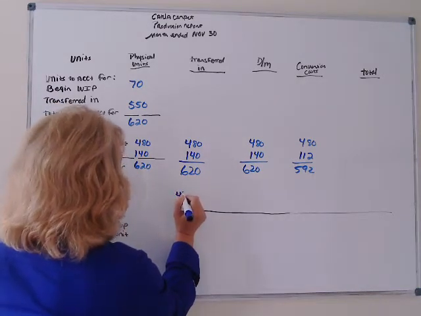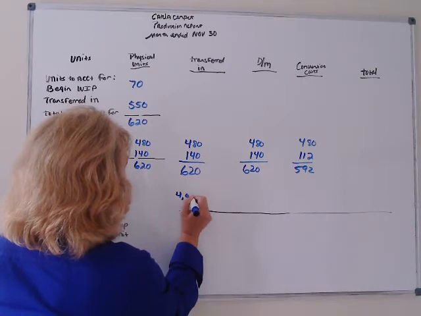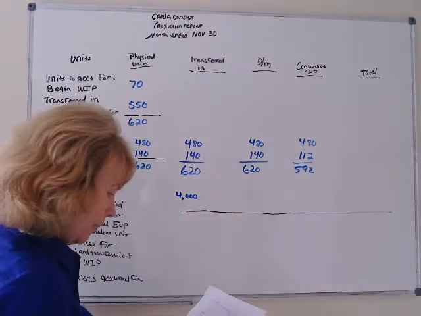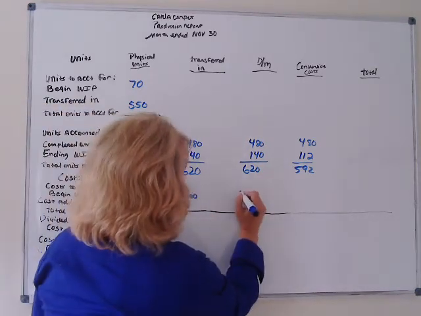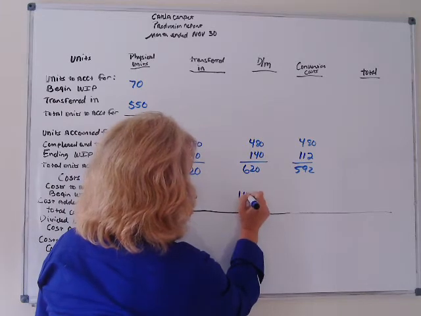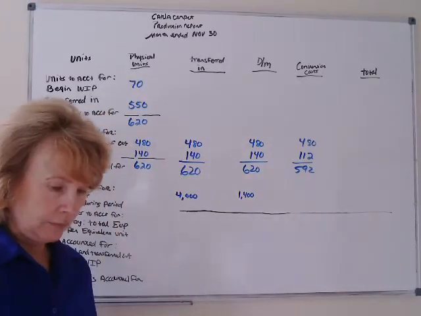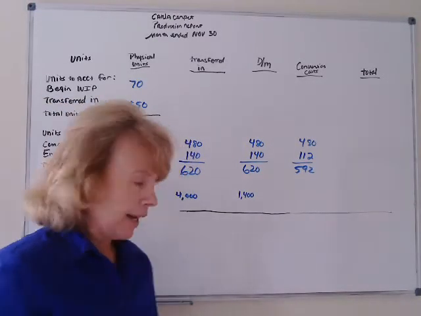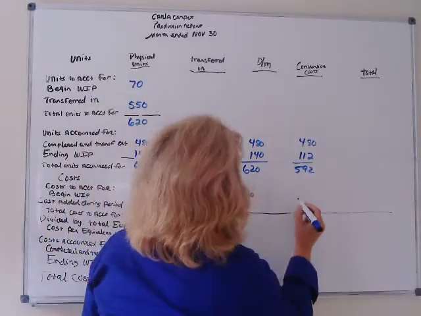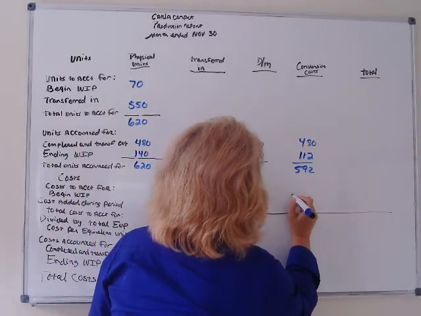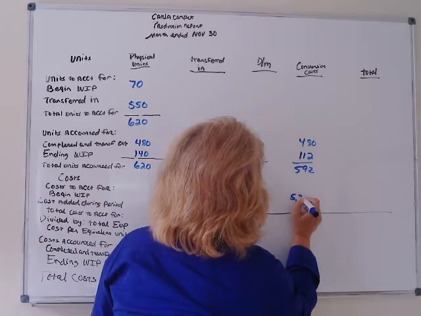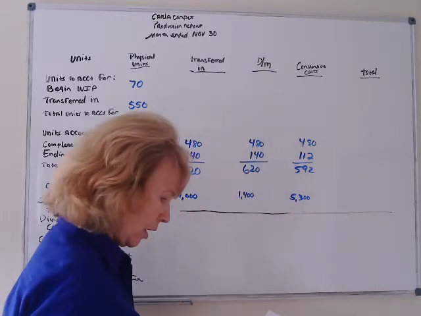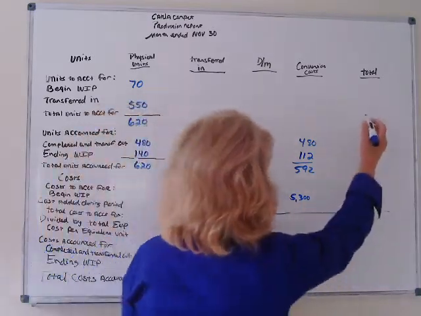I had to write this small. My direct materials are $1,400. My conversion costs are $5,300.